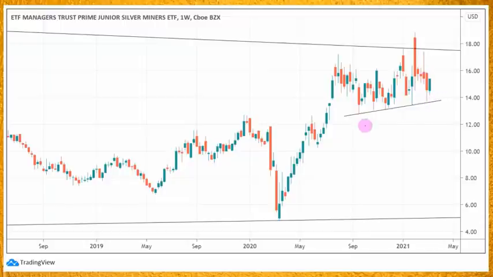We never broke through it, so that's positive. So what's happening here is we're making higher lows, and we had a nice green candle up here. So we're heading back up hopefully towards the top of this channel. And certainly looking at my miners, I think that's probably what's going to happen. No guarantees, but again, this is just my opinion.